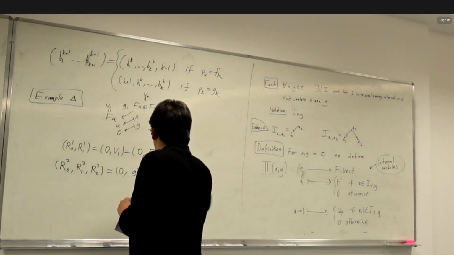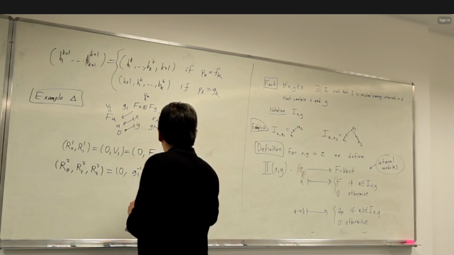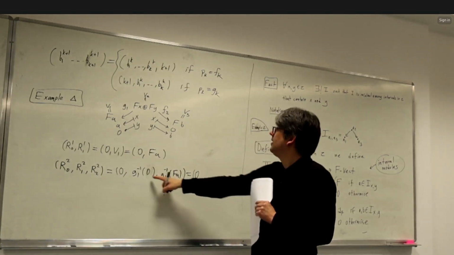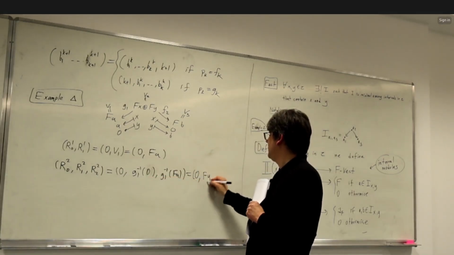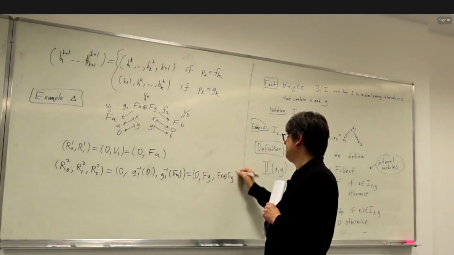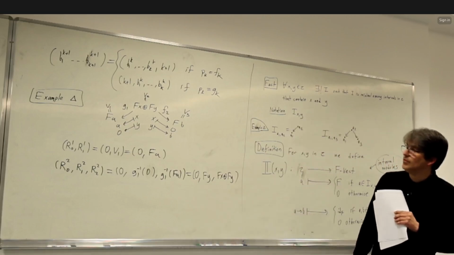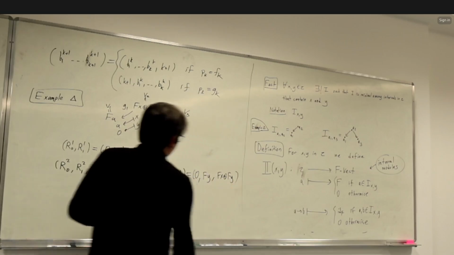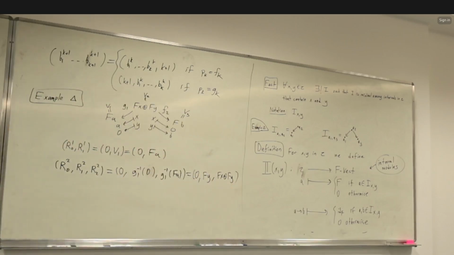So let's say 0, G1 inverse FA. So this will be 0. Here, this will be Fy. This will be Fx plus Fy. So you can see that this is a filtration of Fa, this is a filtration of Fx plus Fy.